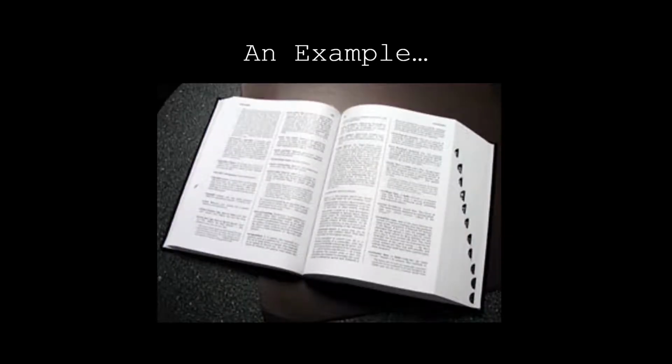So to help you understand exactly what the syntax is or how you would approach this, we're going to look at a dictionary. Dictionaries start with A and they end with Z, and they're all in alphabetical order, so we can call it a sorted array.